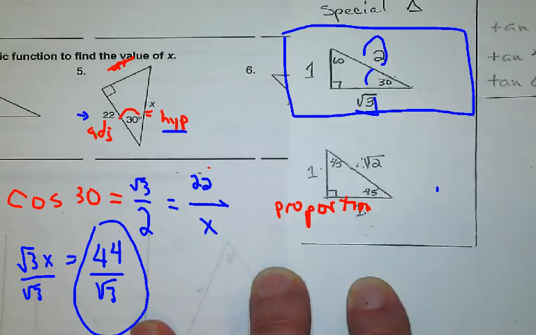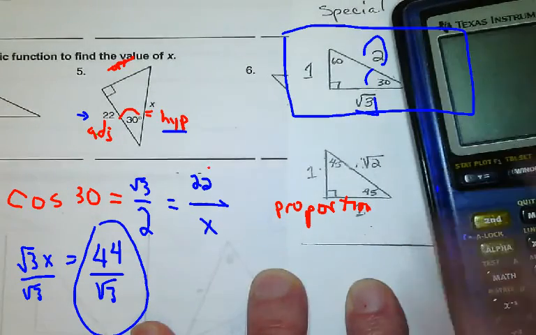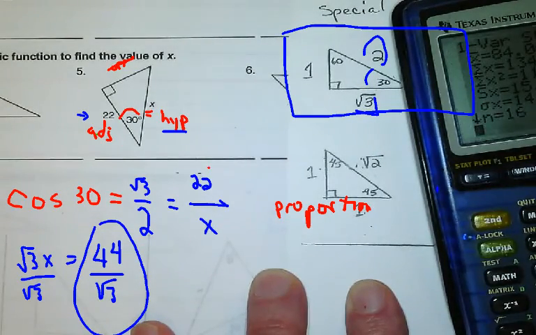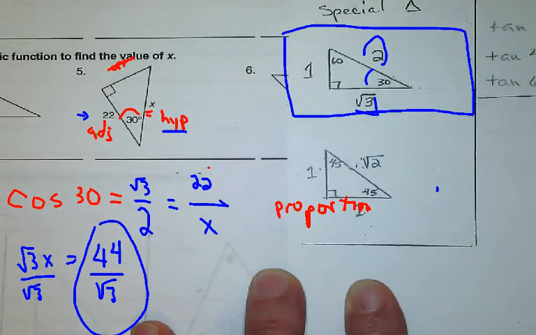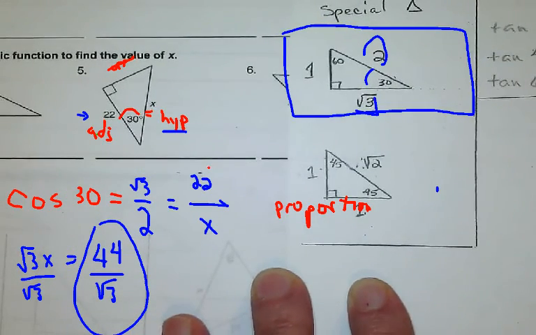Isn't that messy? Now, if you wanted to, you could find the decimal number. 44 divided by the square root of 3, and it would be 25.4, right? But I don't care about the decimal number. You can write it if you want to.